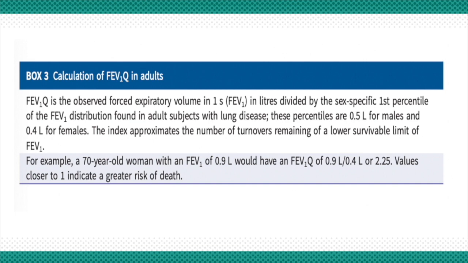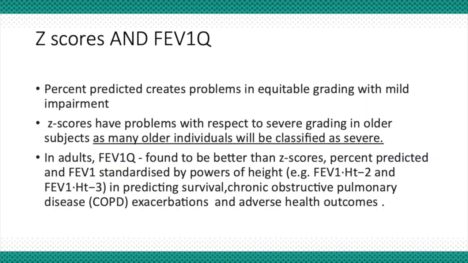There are a lot of pros and cons, but in future we may see some applicability of FEV1Q. In fact, Z scores have certain problems in elderly individuals, and many elderly individuals can be classified as severe because of Z scores. So FEV1Q may help us there, and it may be better in elderlies and predict a better survival index.